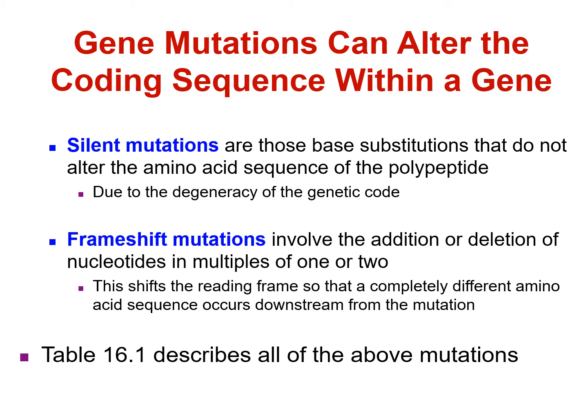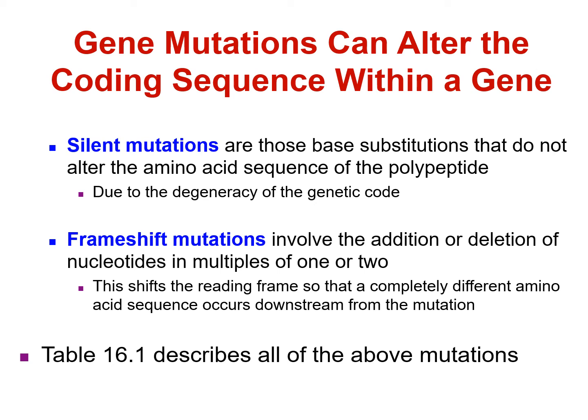One amino acid can have a few codons that encode for it. For example, threonine has ACU, ACC, ACG, and ACA that code for it.